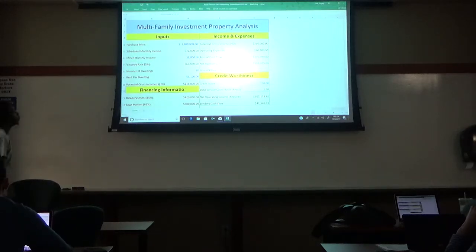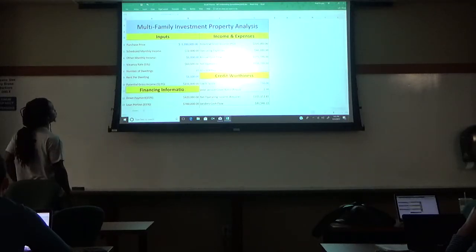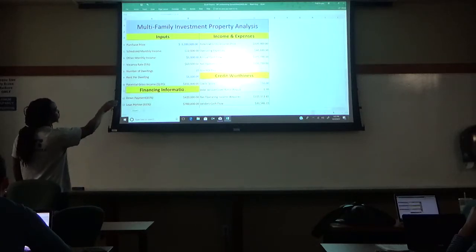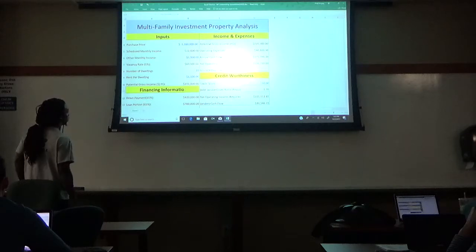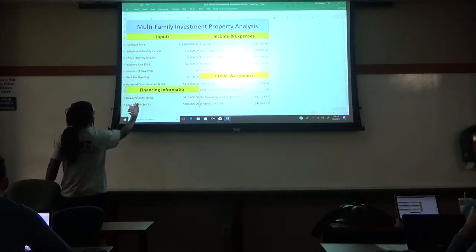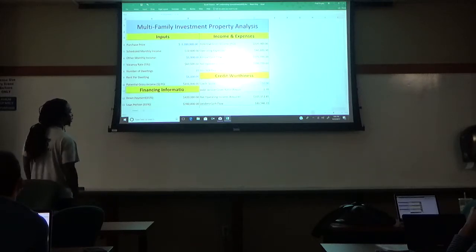From there, we ran the analysis of the property, where the purchase price, the units, everything you see in blue are the inputs, and everything else drops from there. We went off hypotheticals of a 35% down payment with 65% financing.